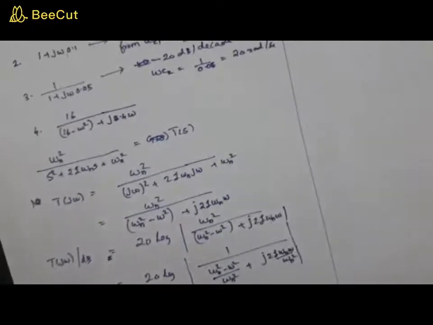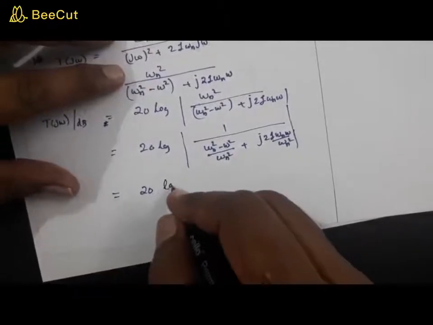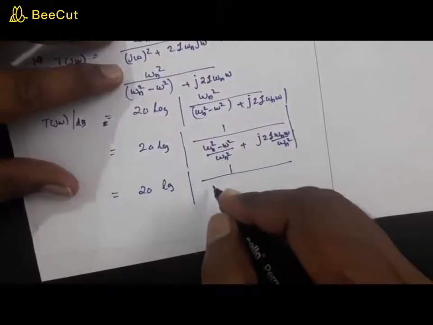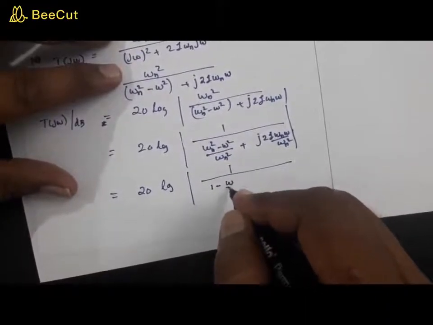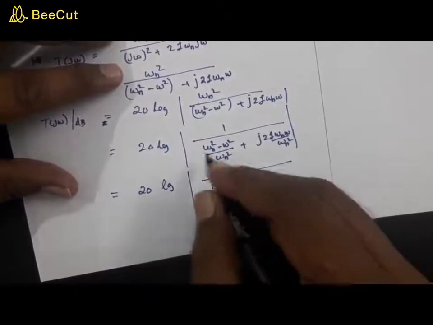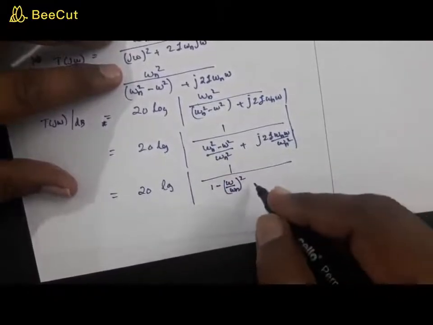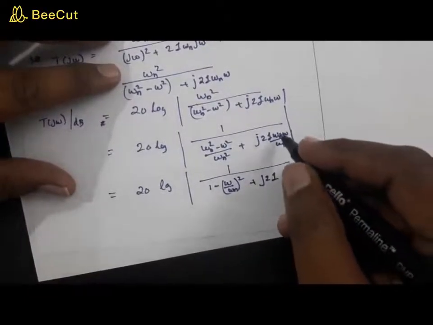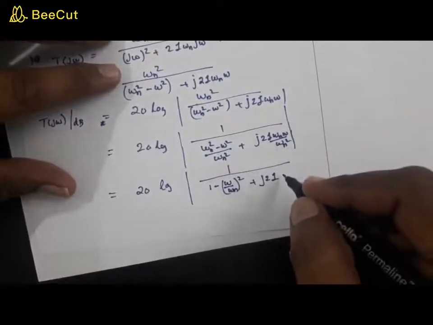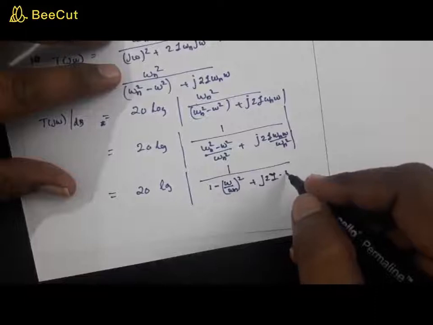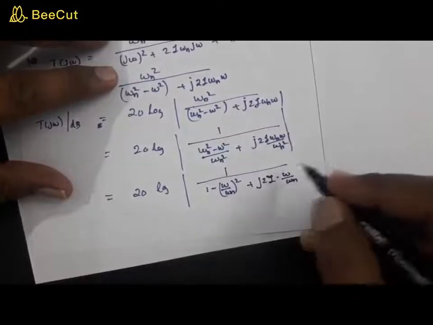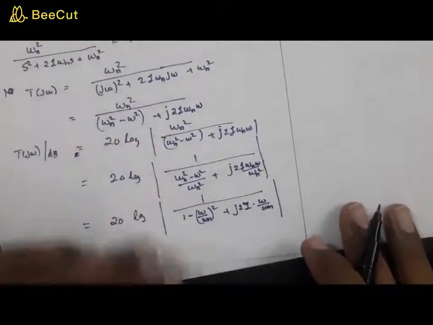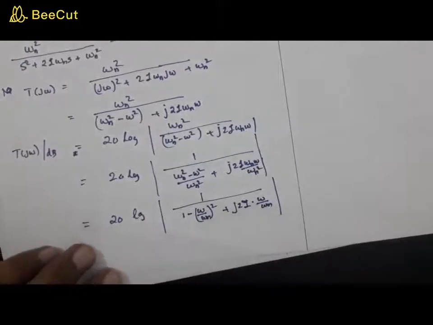So this is equal to 20 log magnitude of 1 divided by 1 minus (omega by omega n) the whole square plus j into 2 zeta into omega by omega n, after the omega n cancels. So you have converted this into the form 1 by a plus jb.